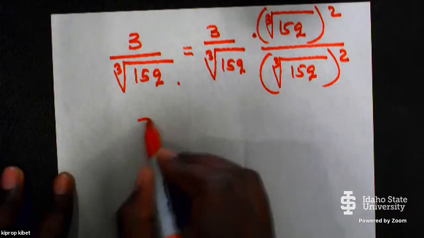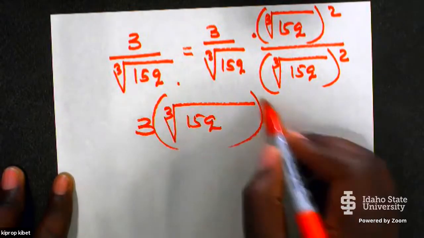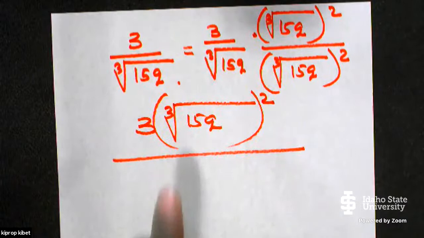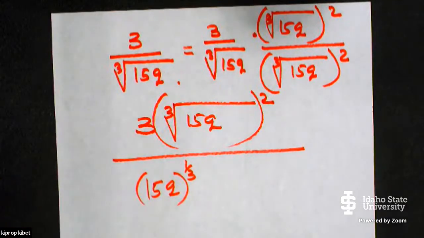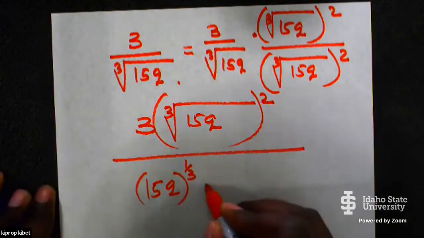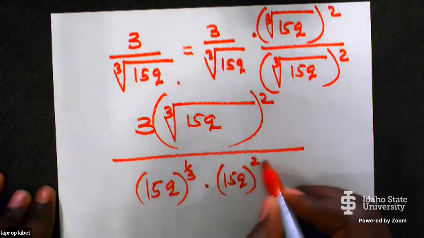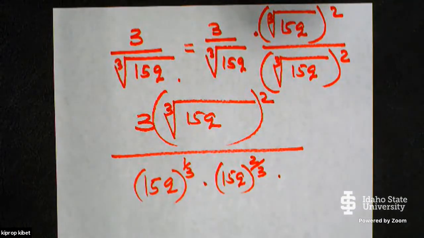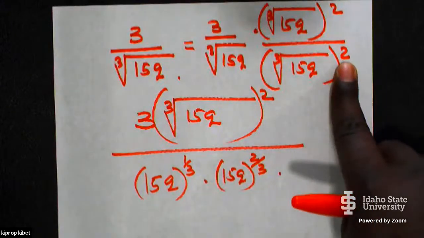This is similar to 3 times the cube root of 15q squared all over, now this 15q is the same as 15q raised to 1 over 3, and then times 15q raised to 2 over 3, because this one is the square here.